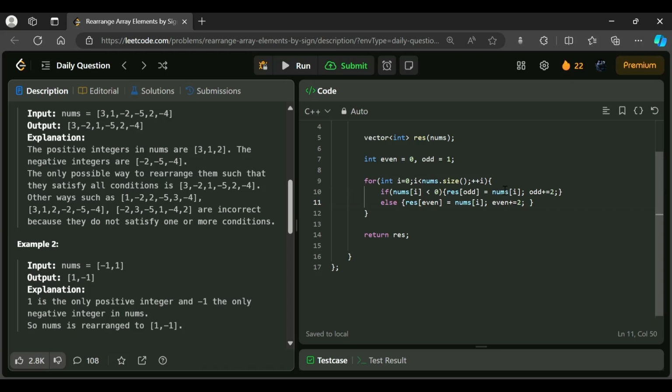In the opposite way, if nums of i is positive or equal to 0, then I update the even index, where all the elements are always positive, and increment it by 2. In that way we will find our answer, and then we return our res vector, right?